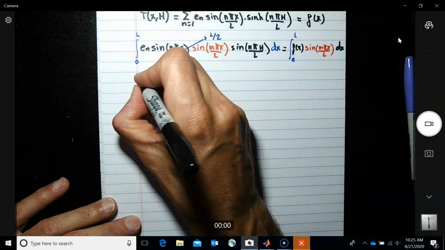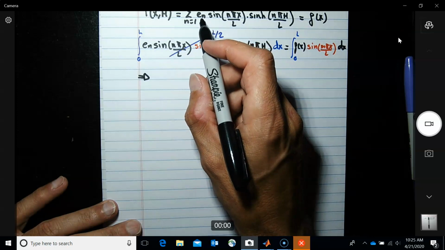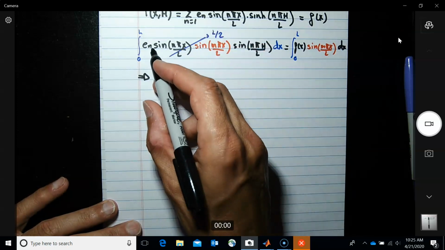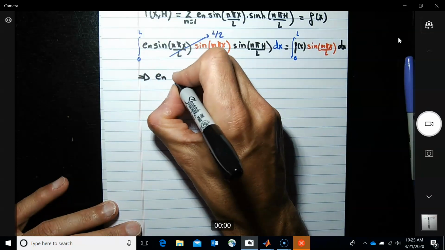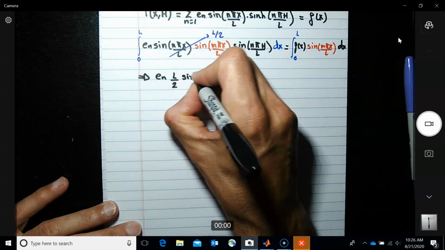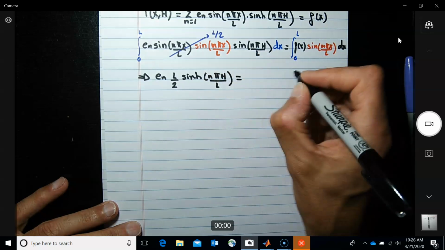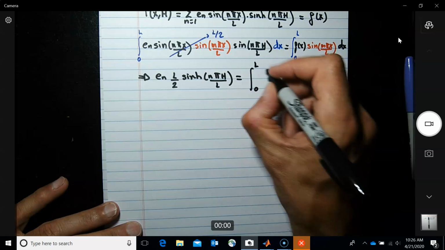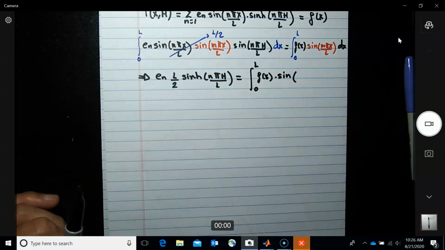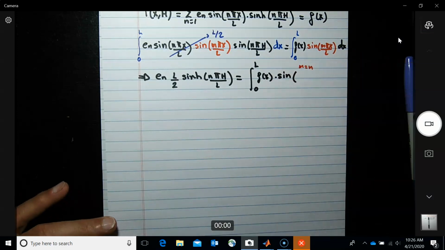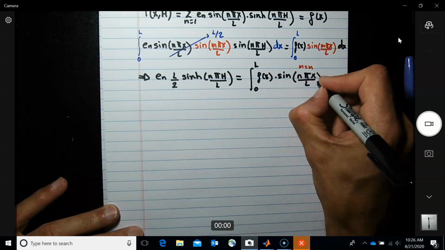So this will give us, I removed the summation sign, which is fine, because E sub n is what we're trying to find. E sub n times L over 2 times sinh of n pi h over L will be equal to the integral 0 to L of f(x) sine, with m switched to n, n pi x over L dx.